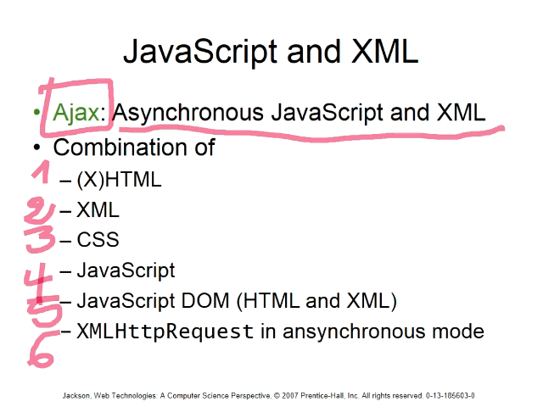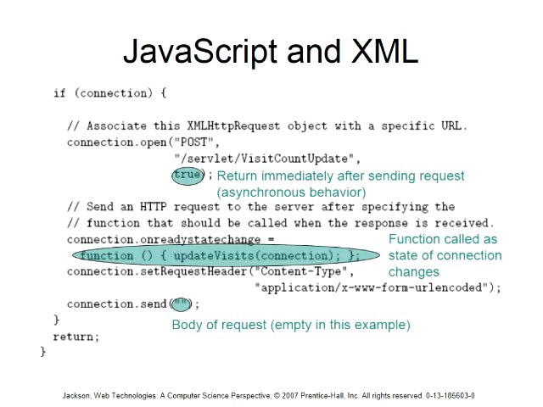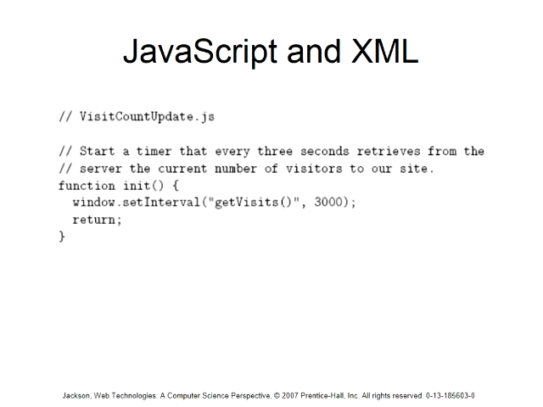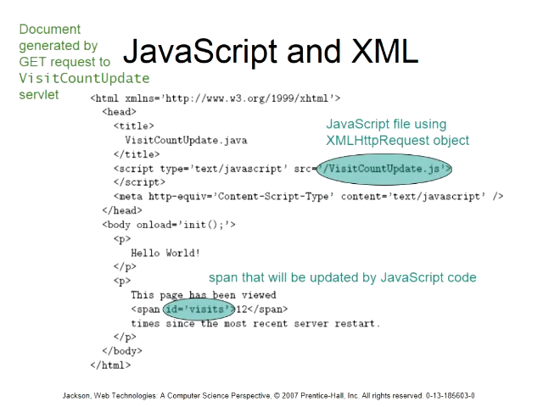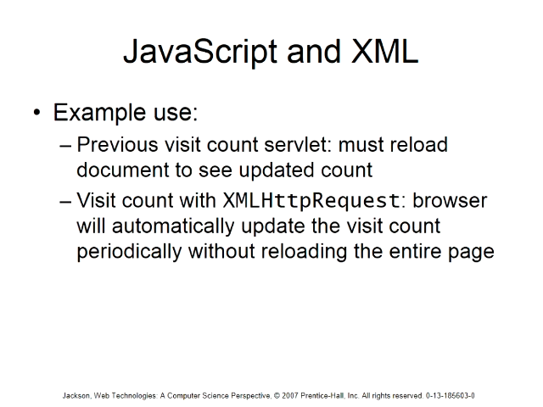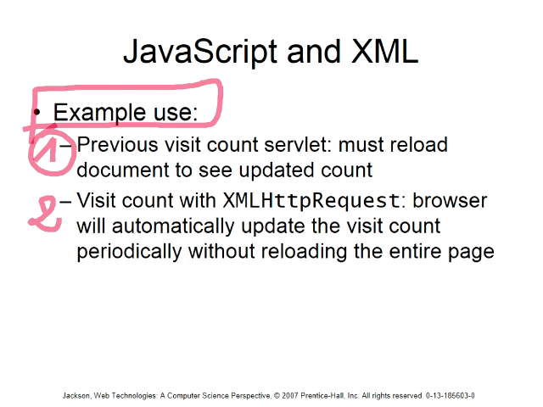So we can use AJAX to load content of a page without reloading the page. In this example, if we use JavaScript and XML, that means we will use AJAX.